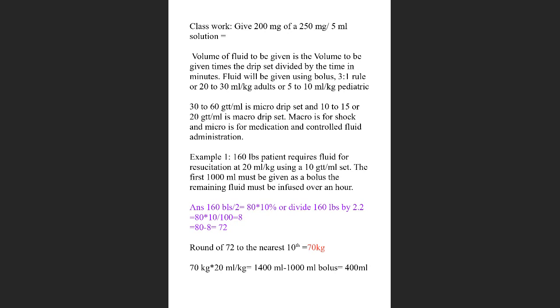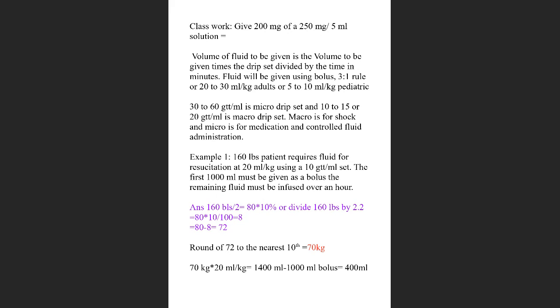All right, so the desired dose would be 200 milligrams. That's what we need to give the patient. The available volume is 5 mils. And the amount of drug that we have would be 250 milligrams.